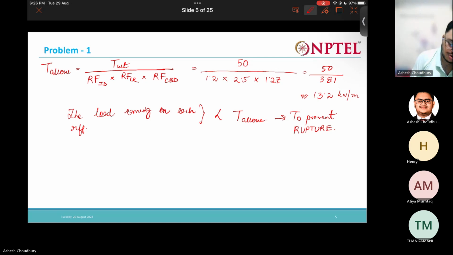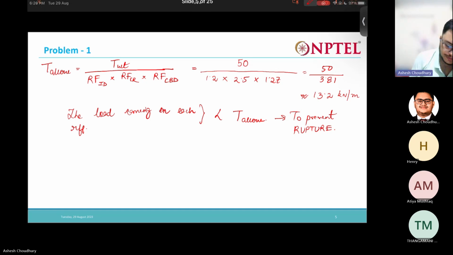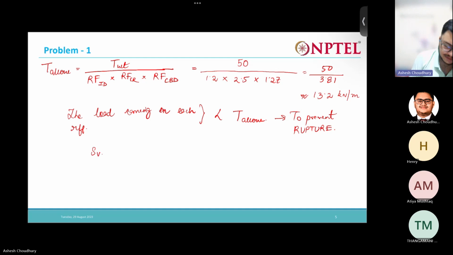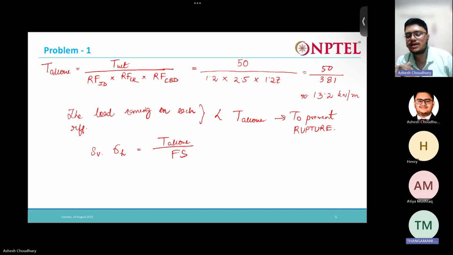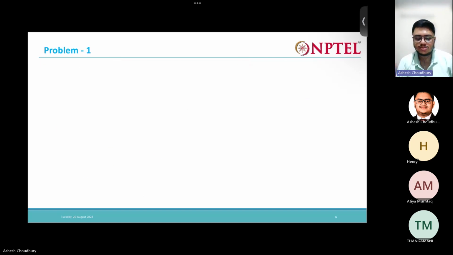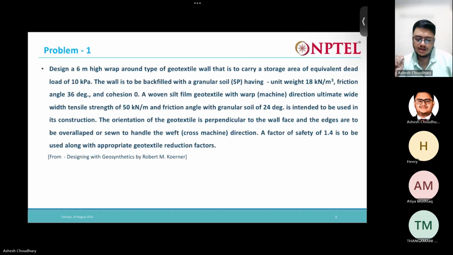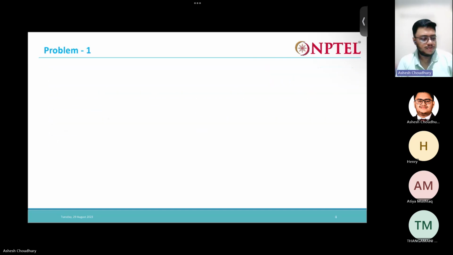So what we will be doing is writing that Sv times the horizontal pressure, which gives the load coming on the reinforcement, is equal to T allowable divided by some factor of safety, because it has to be less than T allowable, right? So we are dividing that by some factor of safety. What is the factor of safety that is given in the question? 1.4. Okay, we will be using that factor.